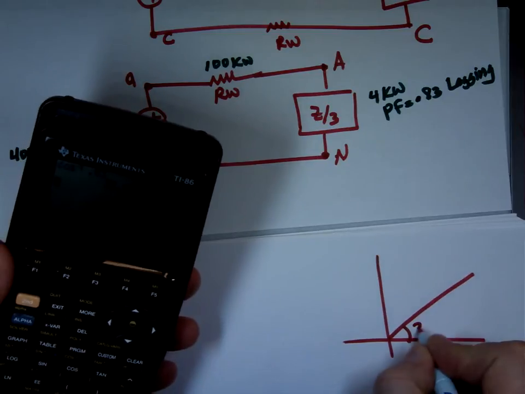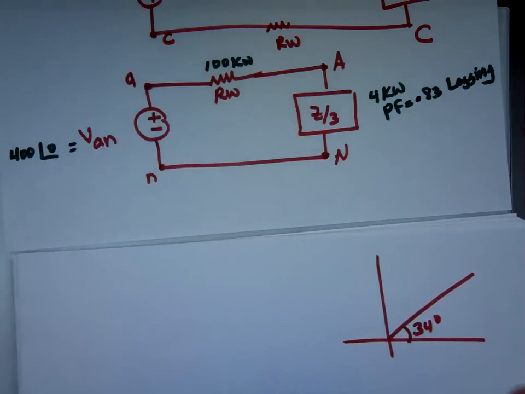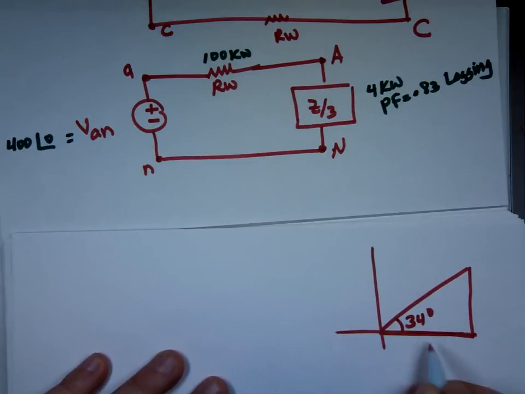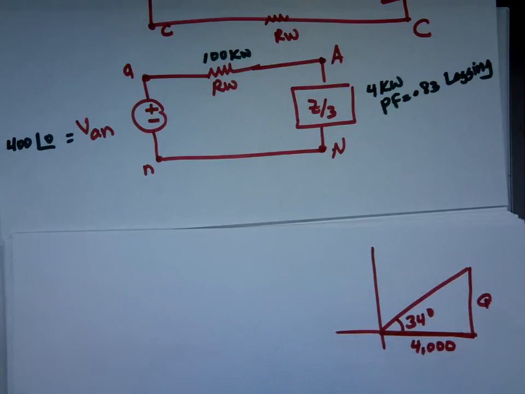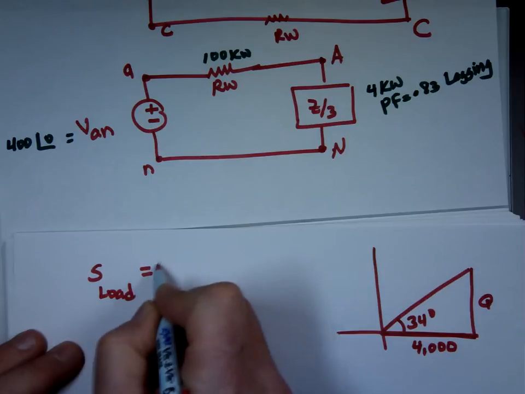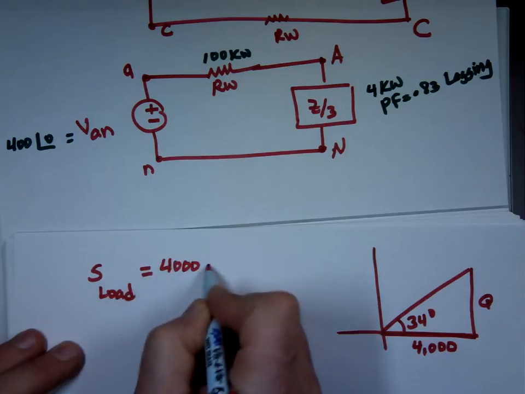We know the real portion of that. We know this is 4K, 4,000. Can we get what Q is? So S for the load is equal to 4,000 plus j, and I need to figure out what that number is. I can do it by doing trig.